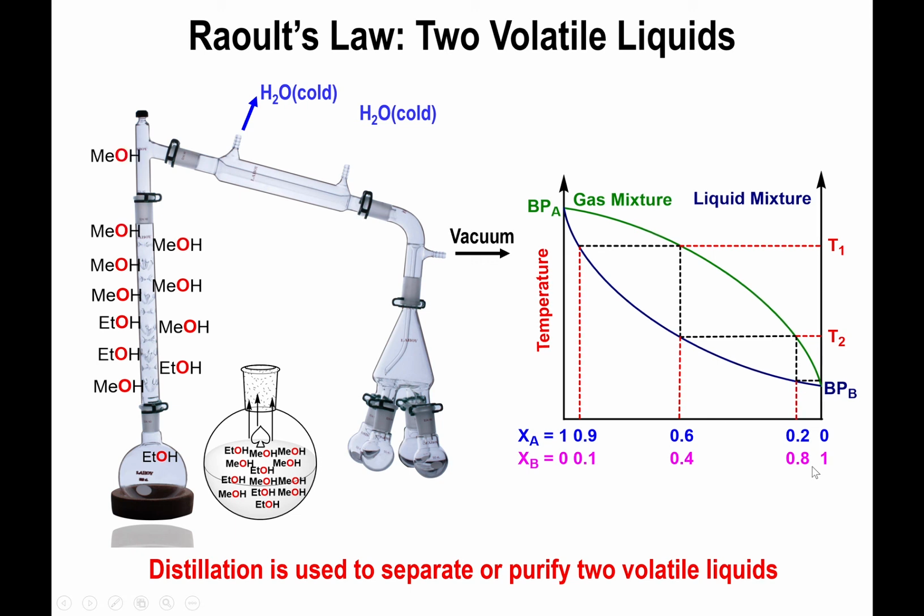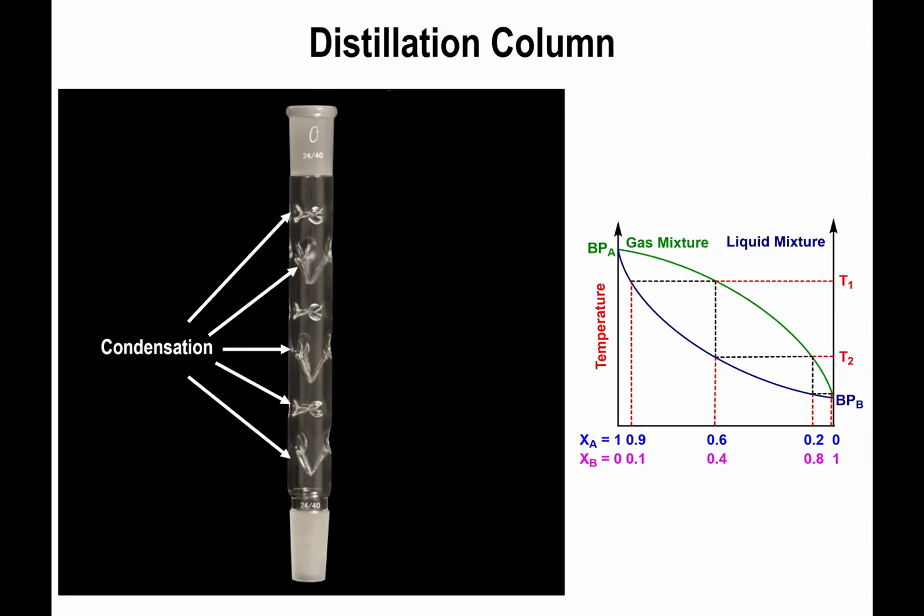And at that point, you're basically condensing the substance over here using cold water to ultimately collect it down here in this setup. So this is actually a pretty neat thing to do, although it can be a lengthy process when you do it in practice.